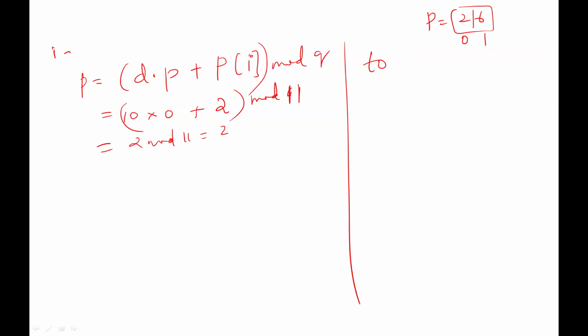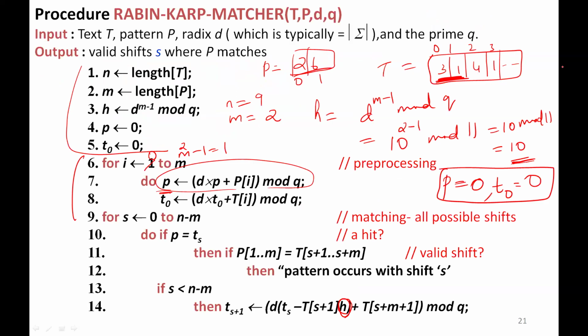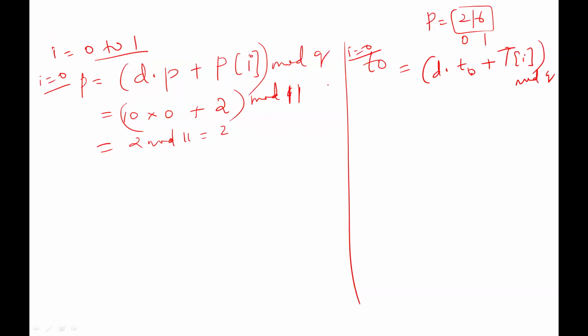Now, currently you can say I is moving from 0 to 1. And when I is equal to 0, this is what happens. And on this side also, when I is equal to 0, we have to find T0. What is the equation for T0? T0 is also similar. It is D into the initial value of T0 plus T, the first text value, mod of Q. This is the formula basically. Now putting in the values, we get 10 into 0 plus the first character of the text.